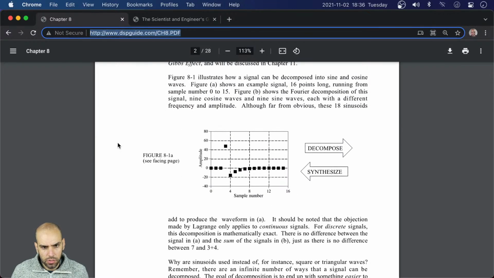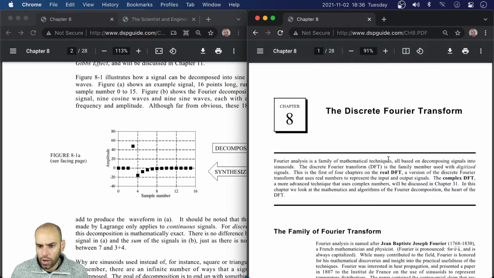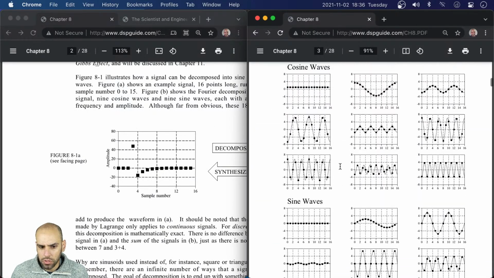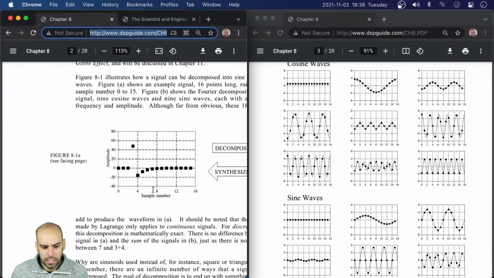So let's start with the basics. What is the point of a Fourier transform and how is this going to play out? So you have a signal coming in. And in this case, this signal is kind of weird because it starts at 0, then it jumps to the top and to the bottom. But never mind that, you have some signal coming in.